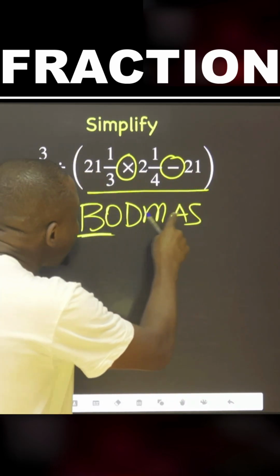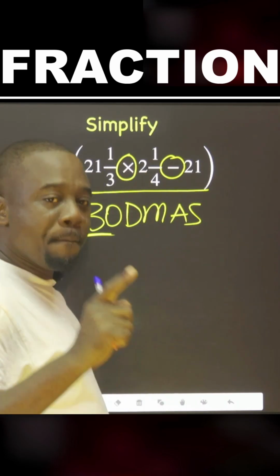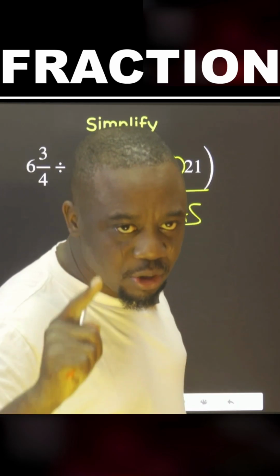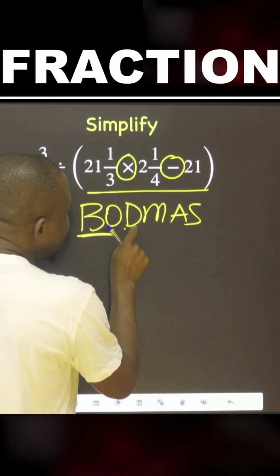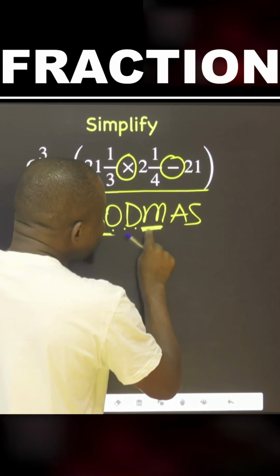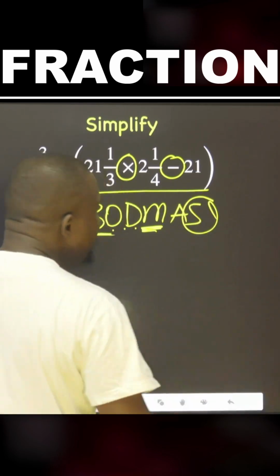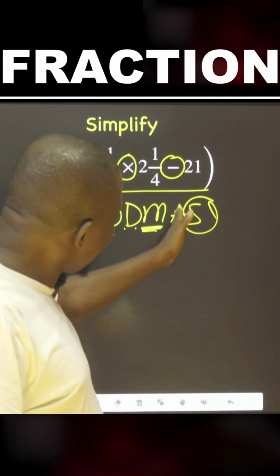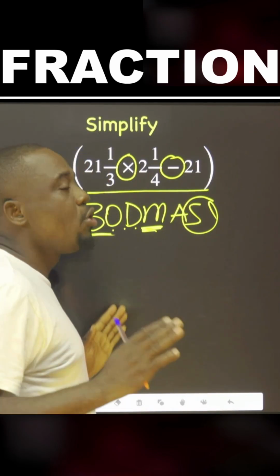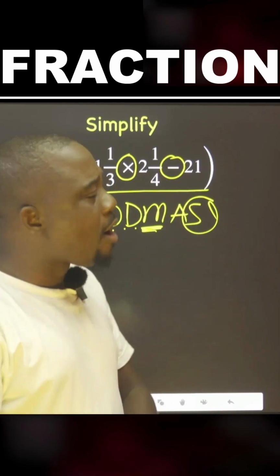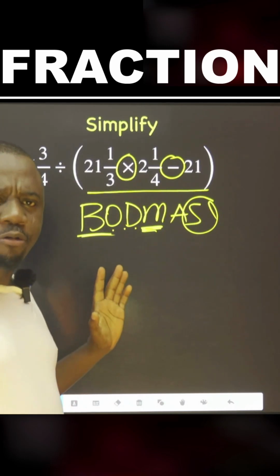In this BODMAS, between multiplication and subtraction, which one is the first? Multiplication, before you even get to subtraction, because there's even addition before that. It means we have to first of all use the multiplication before we even move further.